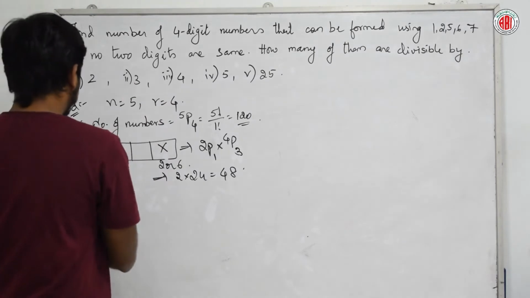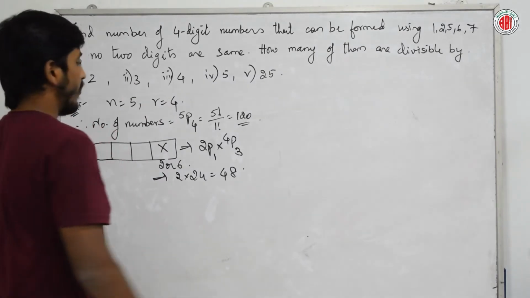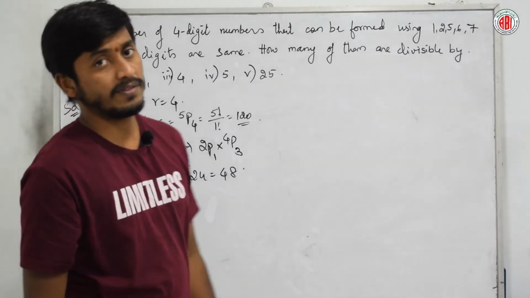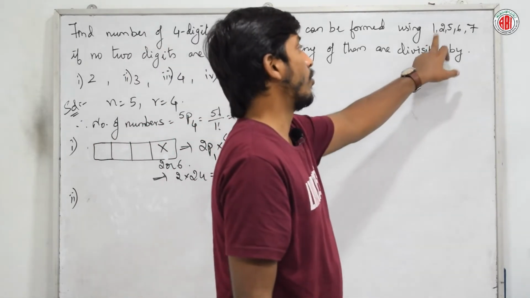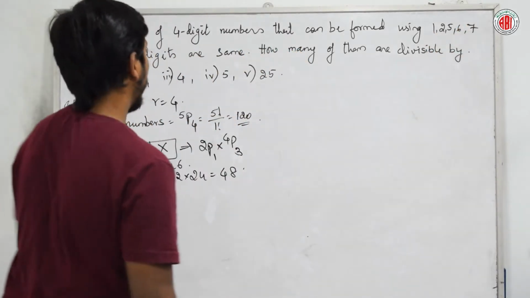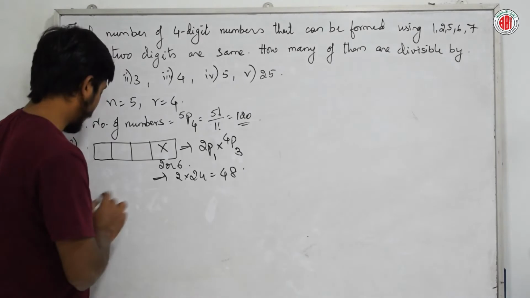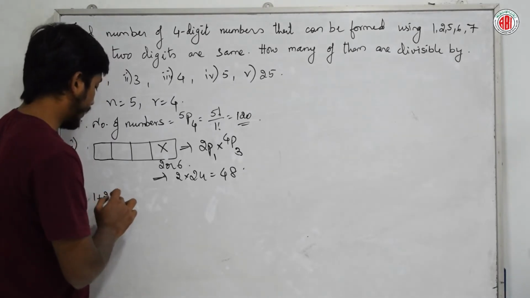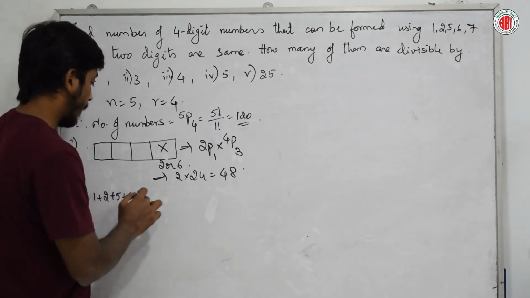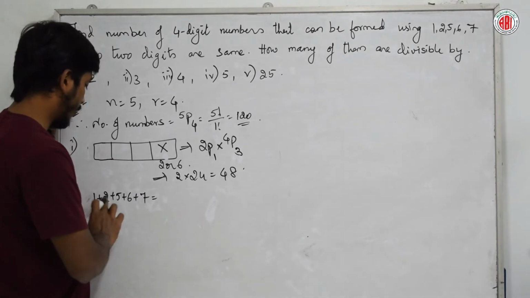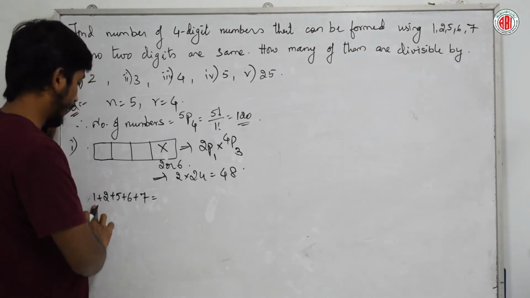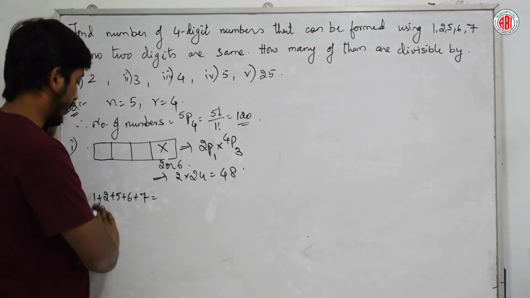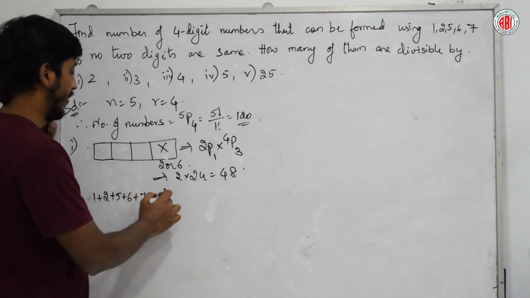It is divisible by 3. So when do we say a number is divisible by 3? Just add 1 plus 2 plus 5 plus 6 plus 7. How much is it? 3, 8, 14, 21.